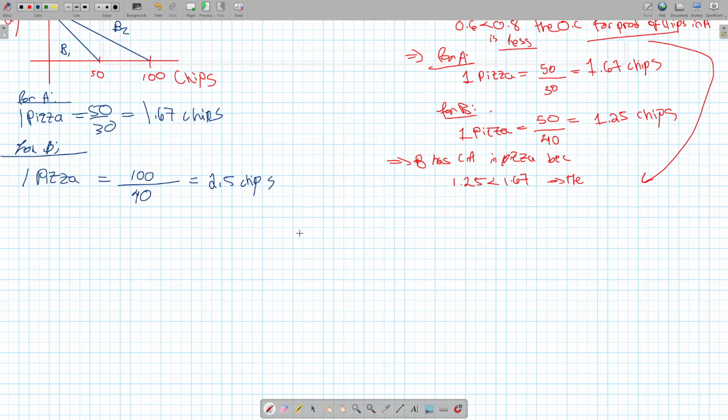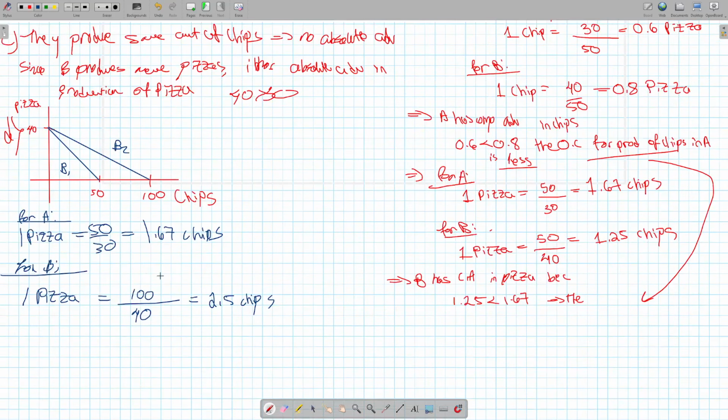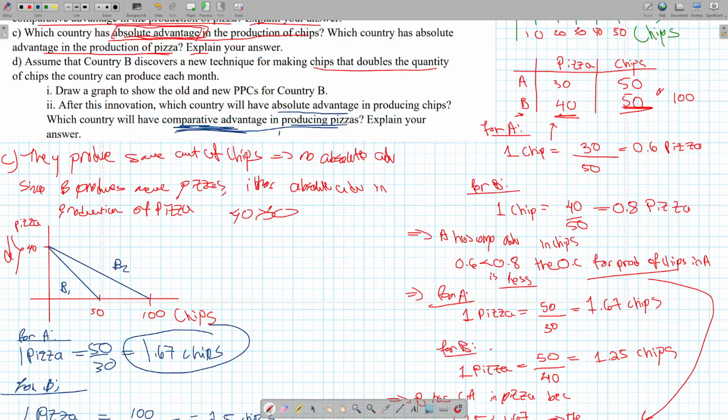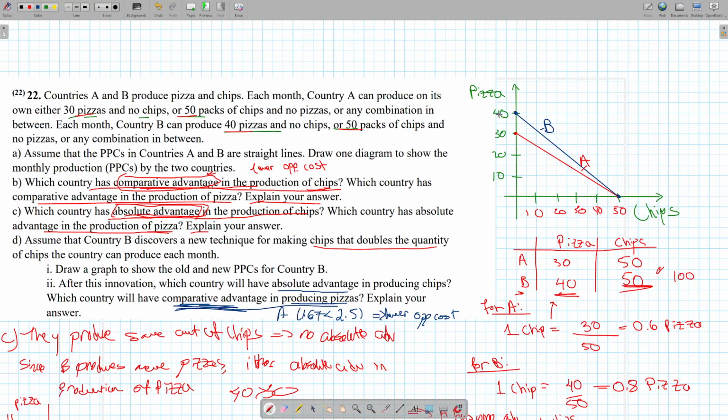Now, who has the lower opportunity cost in the production of pizzas? It's A. So which country will have a comparative advantage producing pizzas? You're going to say country A, because 1.67 is less than 2.5, therefore lower opportunity cost. I think, guys, this is easy.